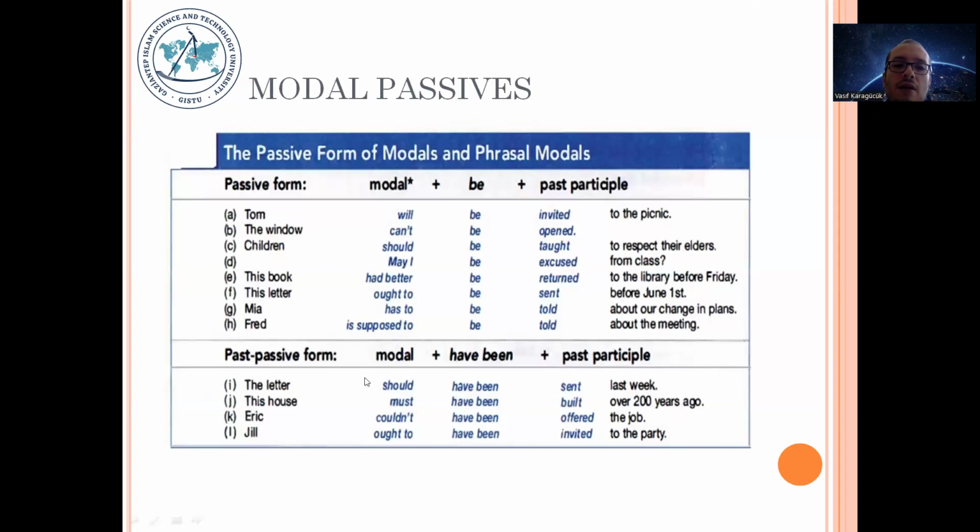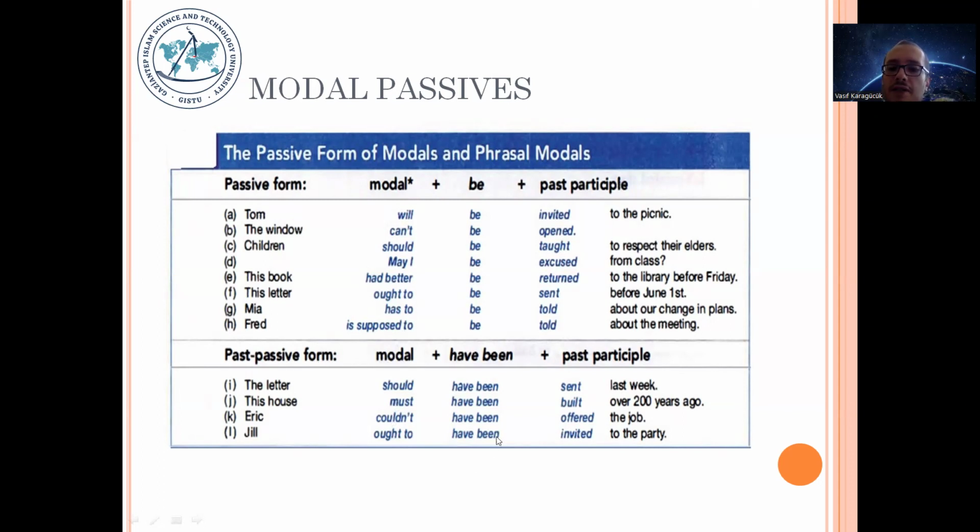What about the past passives of the modals? For example, with should, with must, with couldn't, with ought to, we can use past forms of them. In active, we generally use should, must, could, couldn't, ought to, plus have, plus past participle.